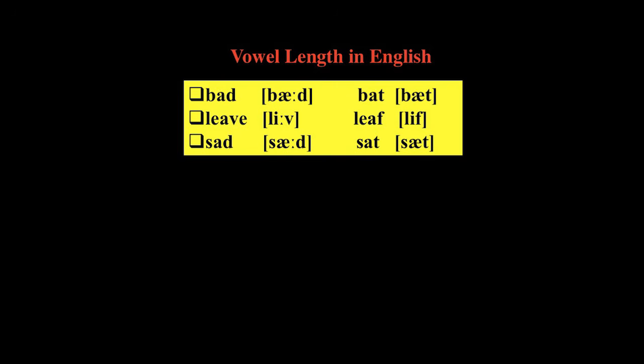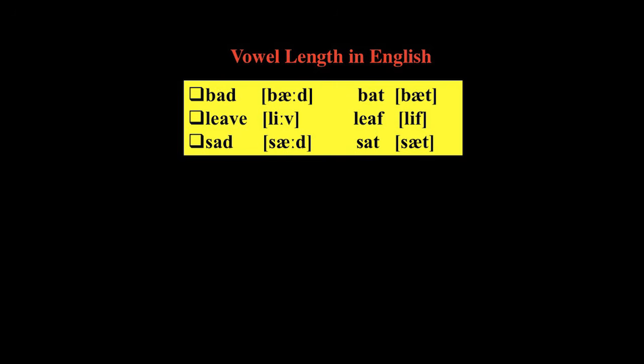As you can see in the examples in front of you, we notice that lengthening is taking place only in the first three words here: bad, leave, sad. But it's not taking place in the other three words: bat, leaf, sat. We repeat: bad, bat, leave, leaf, sad, sat.